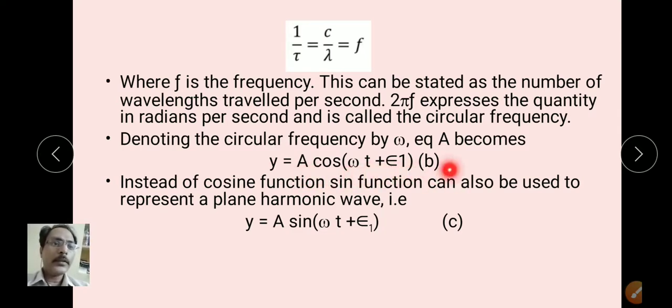This is equation B. Instead of the cosine function, the sine function can also be used to represent the plane harmonic wave, that is y is equal to A sin (omega t plus epsilon 1). This is equation C.